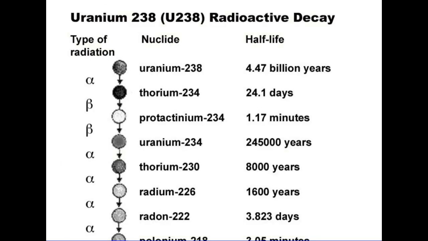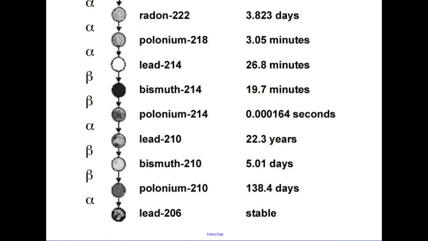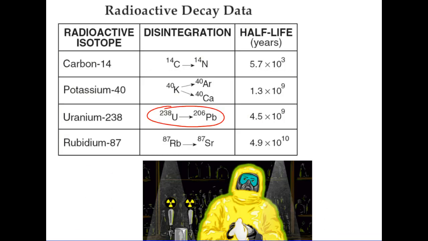It's a little more complicated than that. Uranium 238 actually turns into thorium 234, protactinium 234, uranium 234, thorium 230, and so on and so on down the line. But eventually we're going to get to lead 206. That's eventually where we end up.